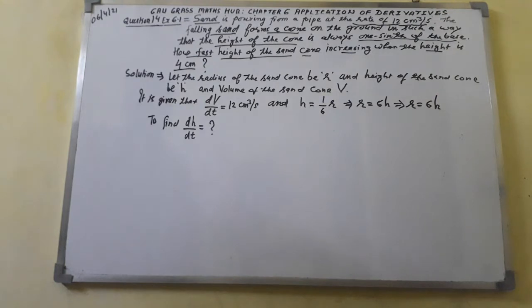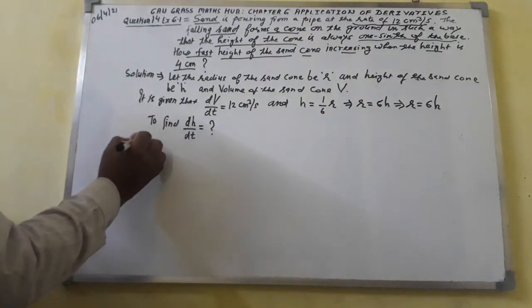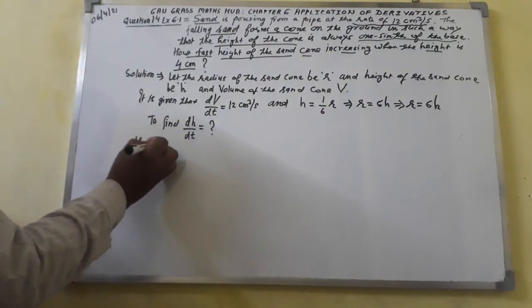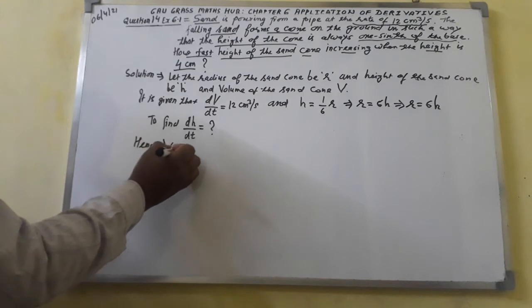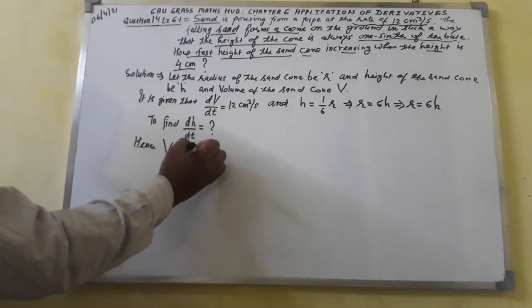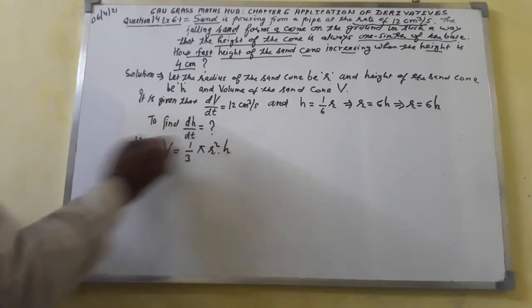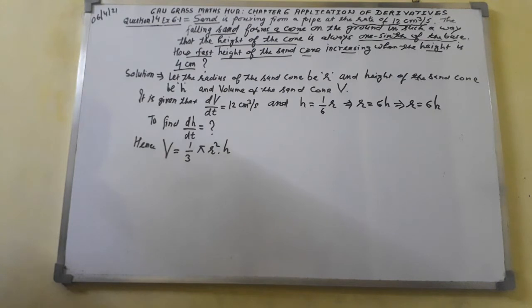Now I shall calculate the volume of the cone. Volume of the cone is equal to 1 over 3 pi r square h. This is the formula for the volume of the cone.